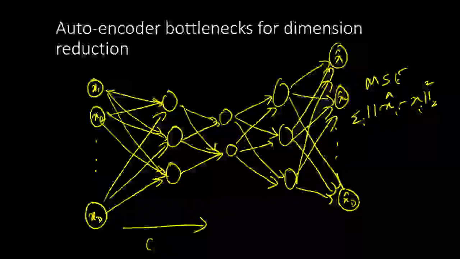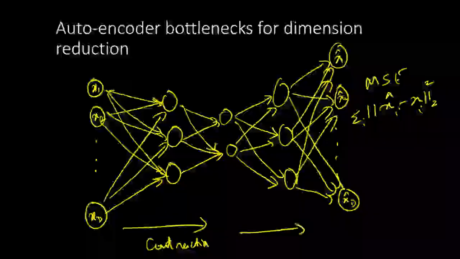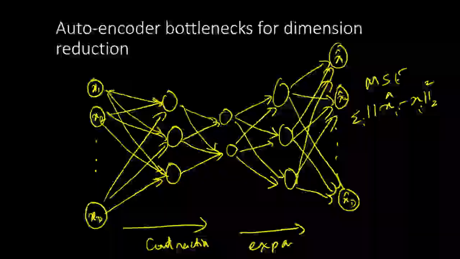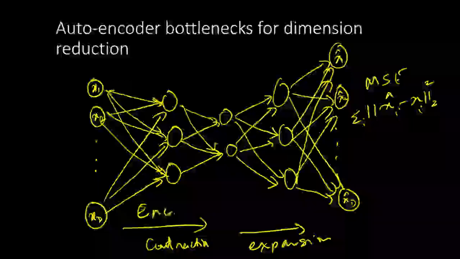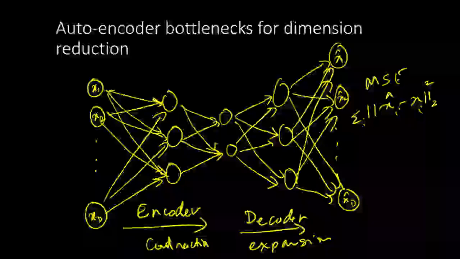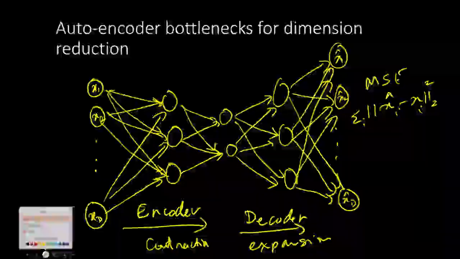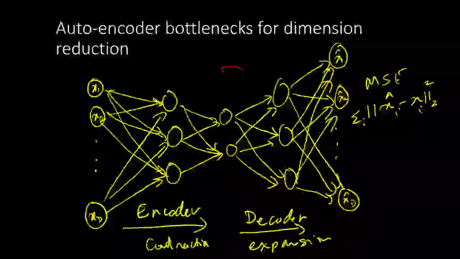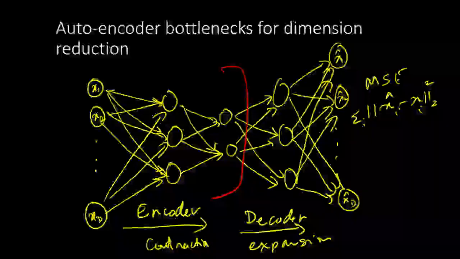So this is contraction and this is expansion. A better term for this is encoder and decoder. So once we have trained this, we don't need the decoder, we only need the encoder. So this is the encoder, and what we get here is precisely y1 up to y small d.